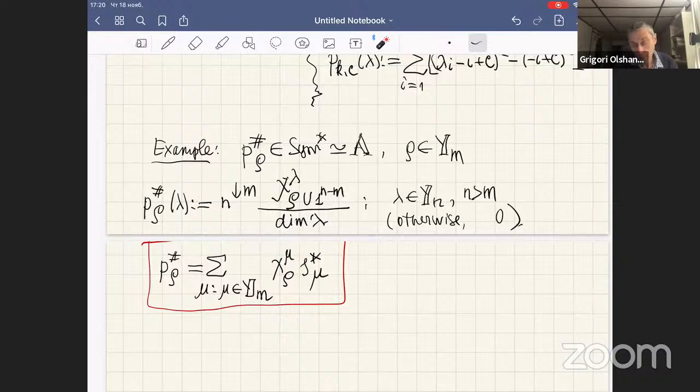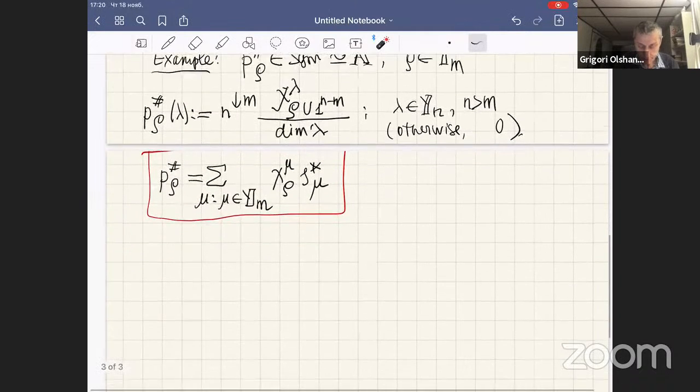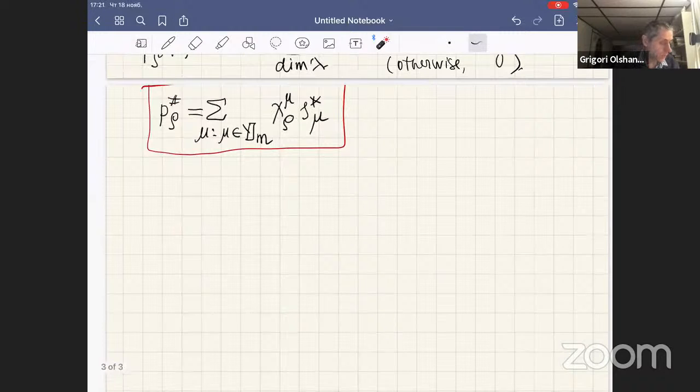And because of this relation, we can say what these more complicated objects are. So this is easy to see. If you wish, it is some exercise.